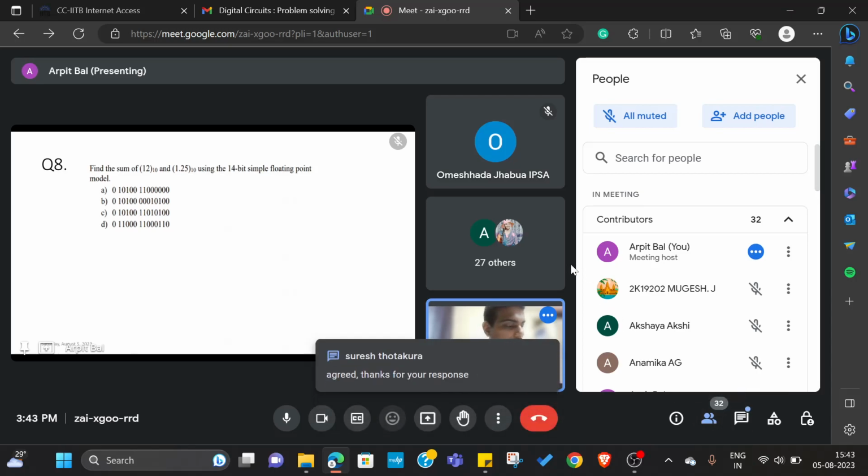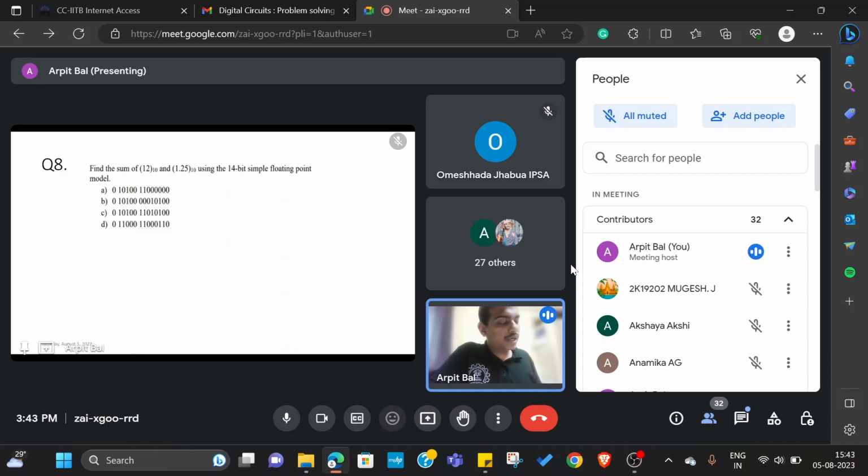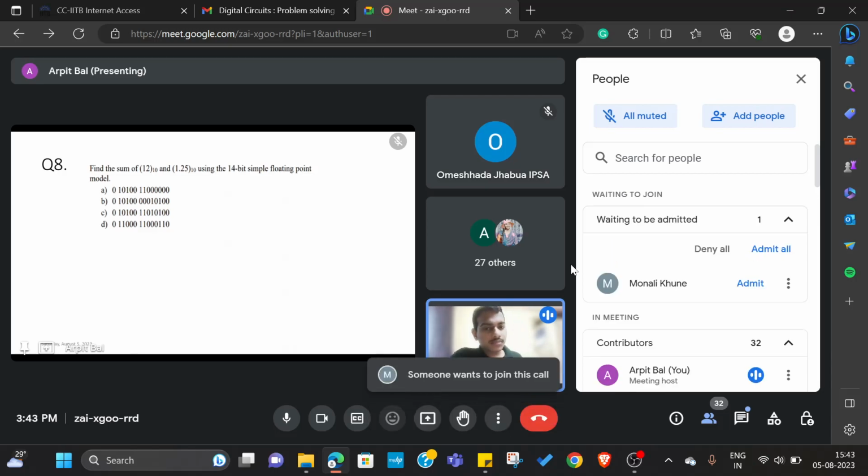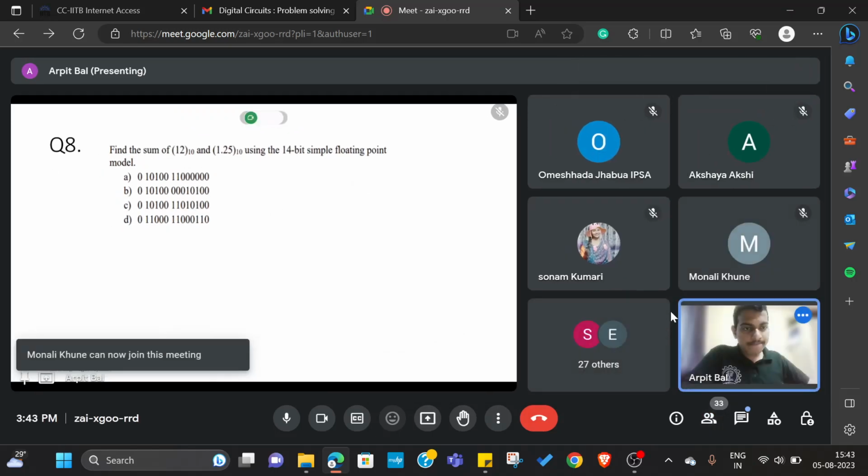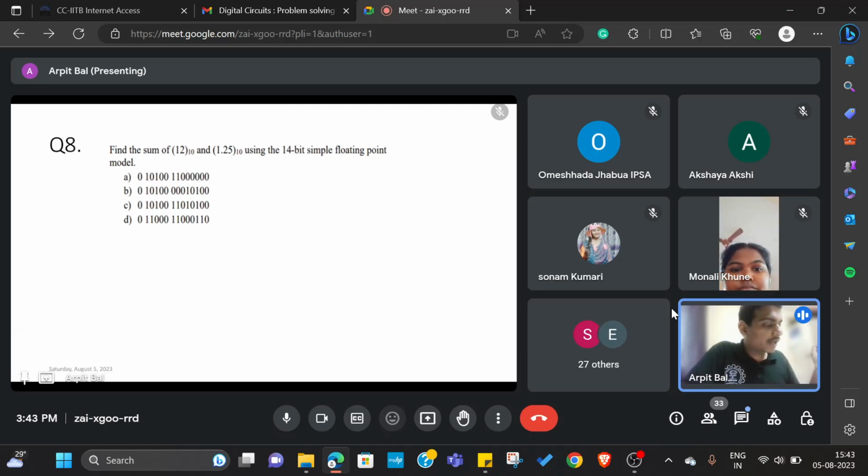Yeah. Okay, so next we need to find out the sum of 12 and 1.25 in decimal, and we need to find out the sum in the simple floating point model. Let me present the simple floating point model.